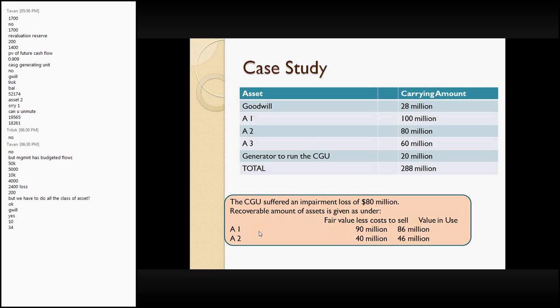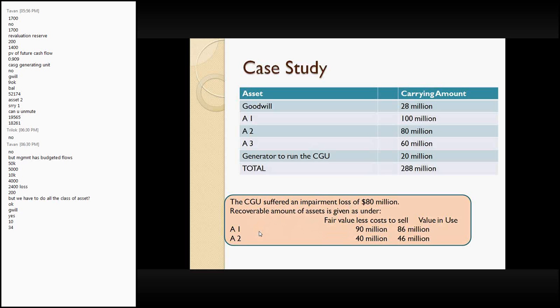Now the next step is to allocate to goodwill. 28 million will be allocated to goodwill. So the remaining we will allocate to A3 and the generator.